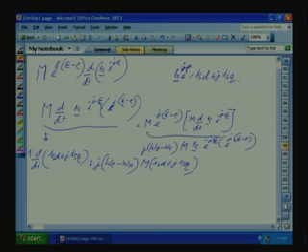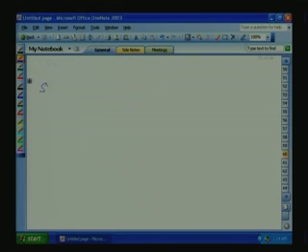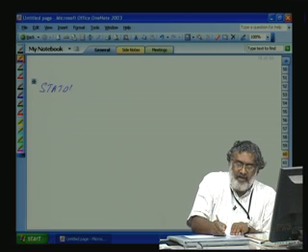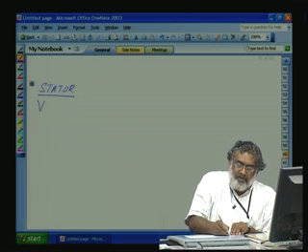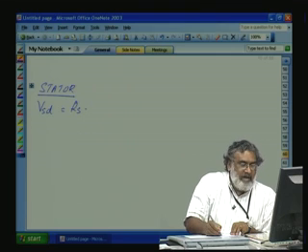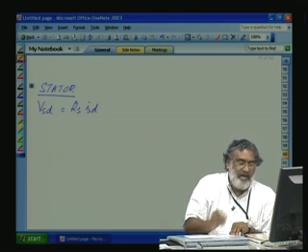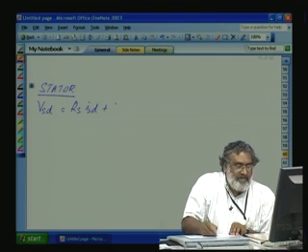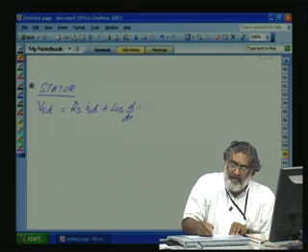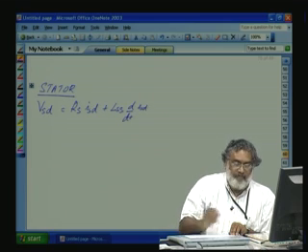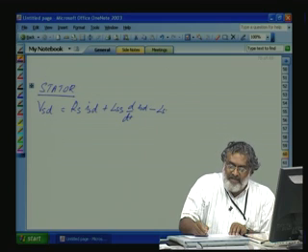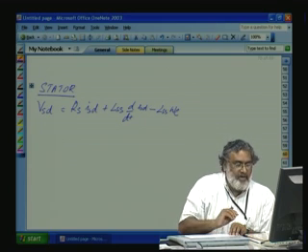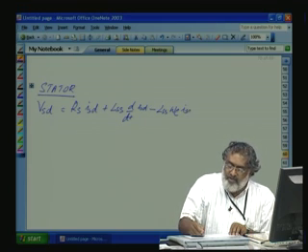So the final equation, when we transfer to the real and imaginary components, the stator final equation: VSD is equal to RS ISD plus LSS d by dt ISD, then minus LSS omega rho ISQ.